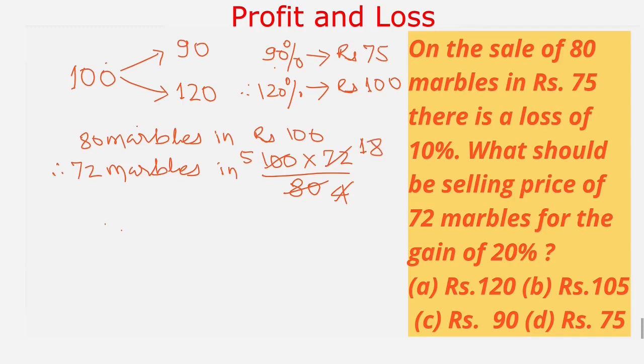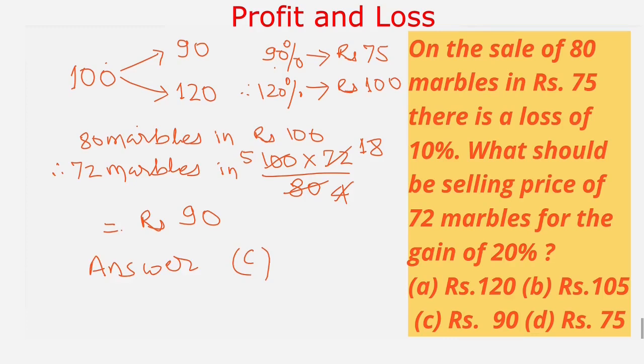So this is equal to 18 times 5, which is rupees 90. Thus, the amount of 72 marbles should be rupees 90 for a gain of 20%. And from the given options, our answer is option C.